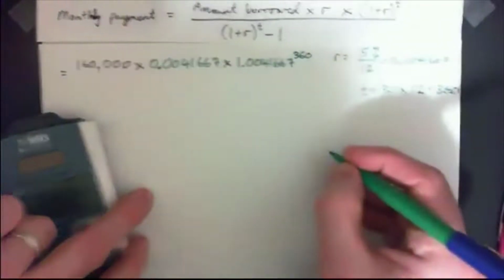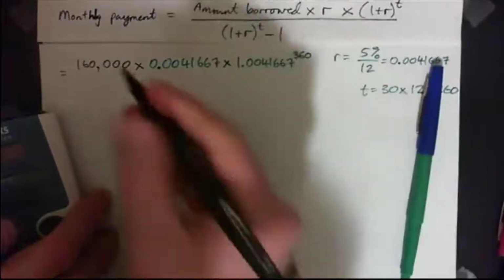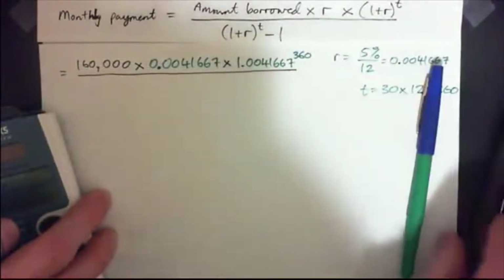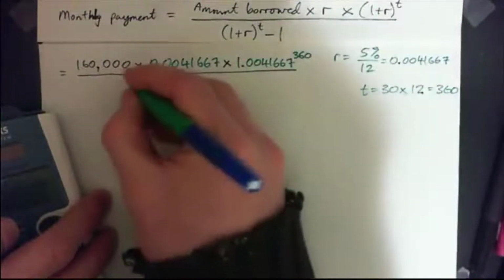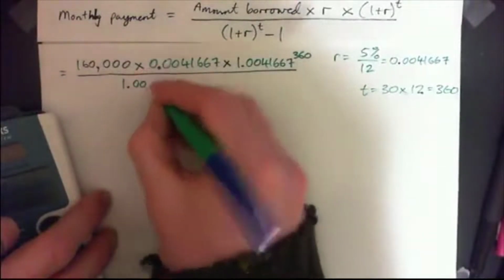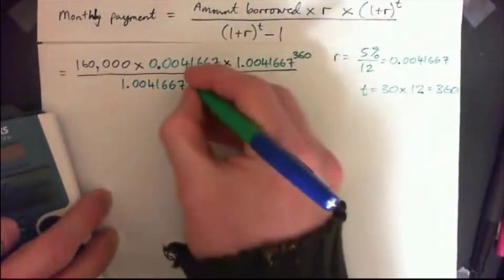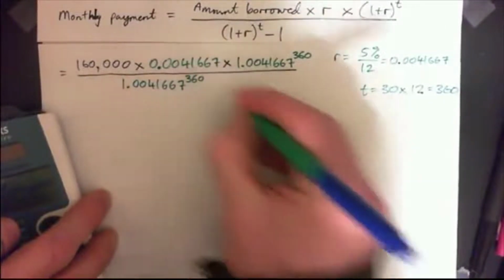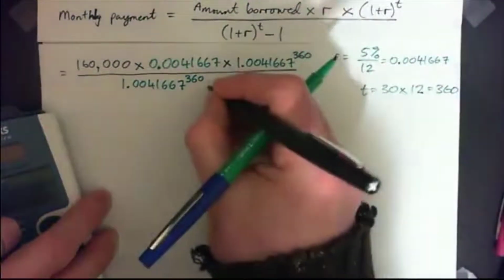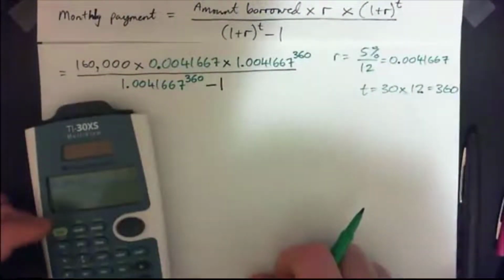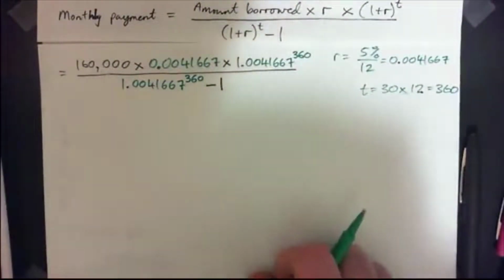So that's what's on the top. Then we calculate the bottom, 1 plus R to the power of T, minus 1. That's 1.0041667 to the power of 360, and then minus 1. I guess we could go ahead and calculate that and see what you get.